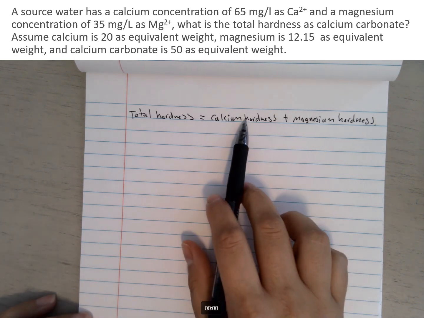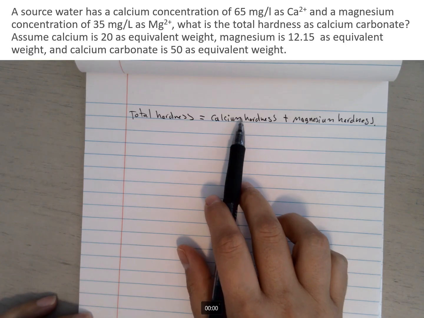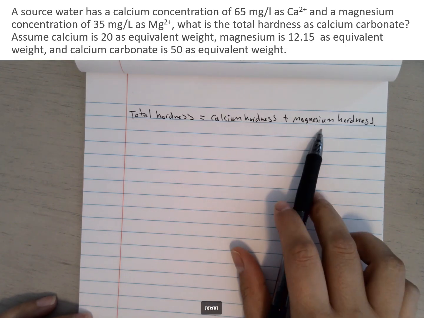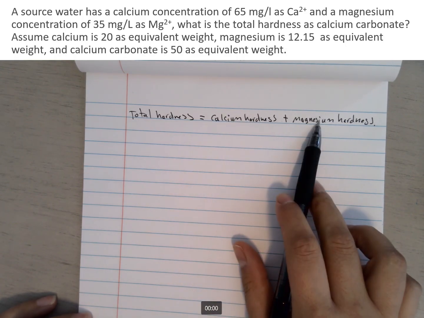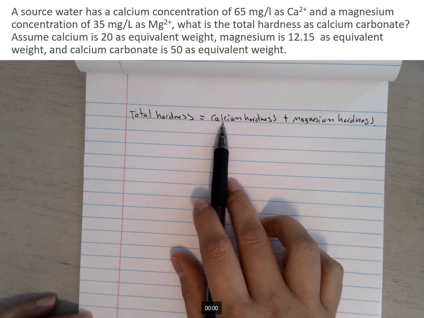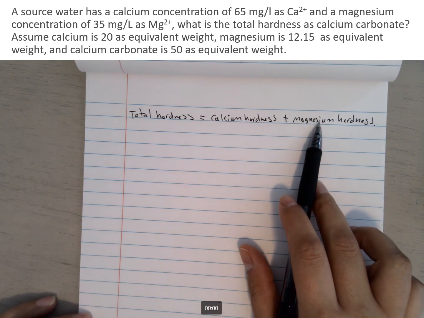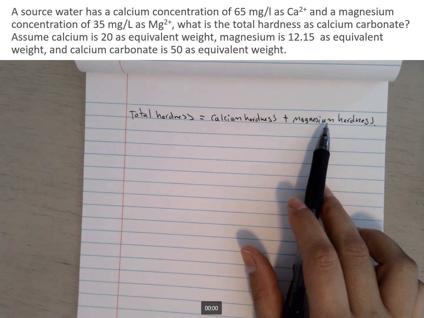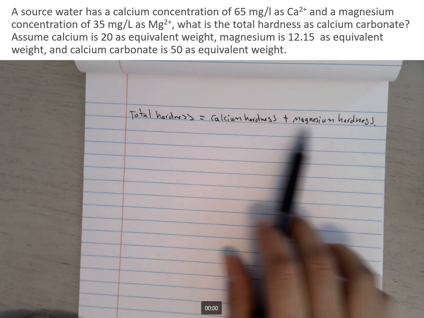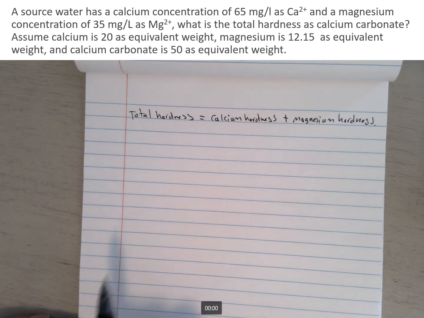Now, in order to be able to add these two up, since calcium is given in terms of calcium and magnesium concentration is given in terms of magnesium, we must first convert those to equivalent units of calcium carbonate.